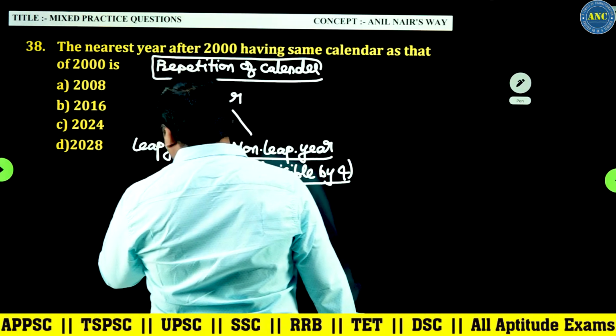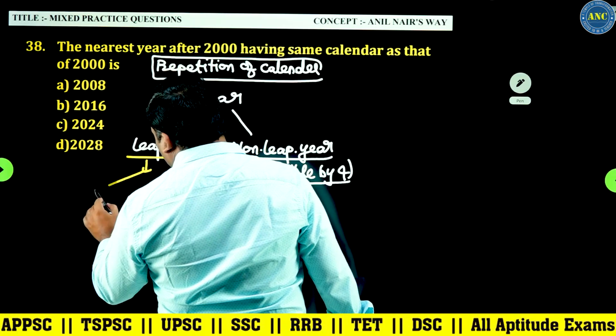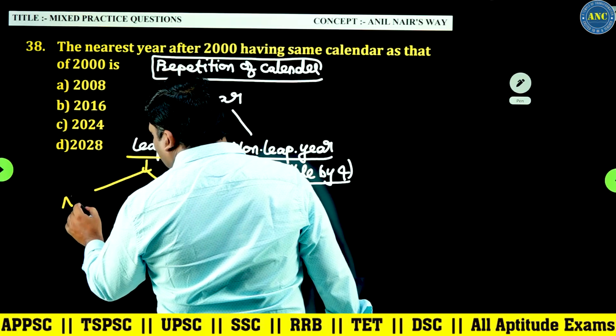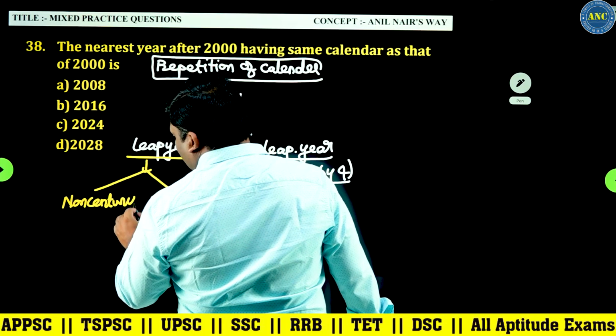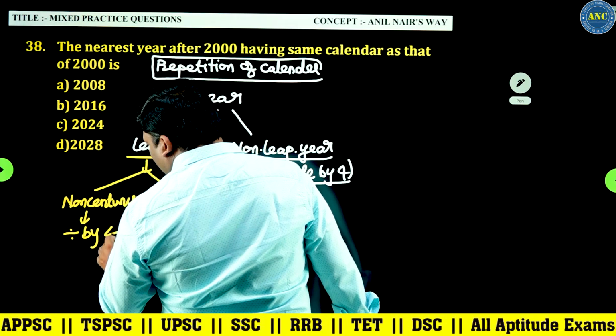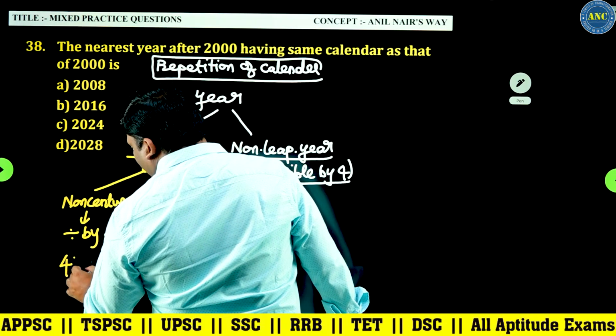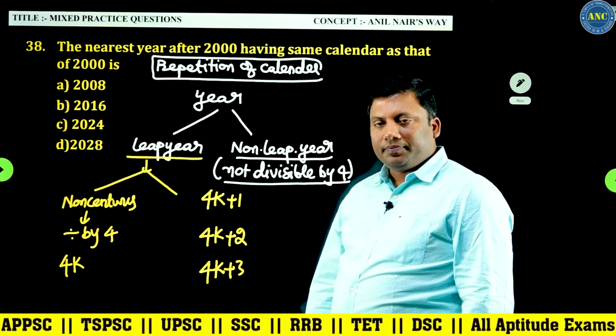A leap year is a year, which has two definitions: non-century, it is divisible by 4. Perfectly divisible by 4.